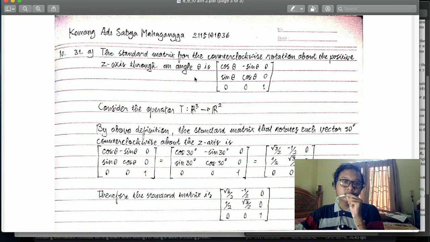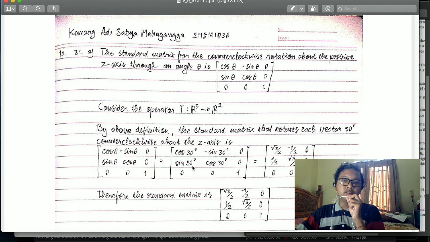The standard matrix for the counterclockwise rotation about the positive z-axis by an angle theta is this. Consider the operator shown in the problem. By the definition, the standard matrix that rotates vectors 30 degrees counterclockwise about the z-axis is this.